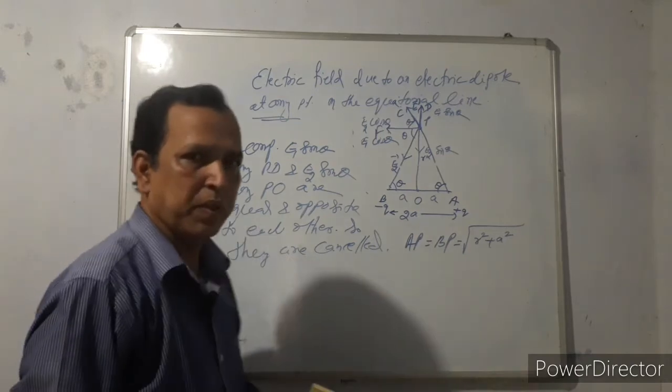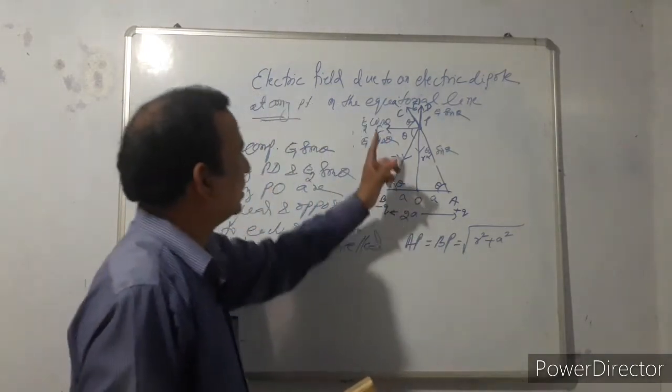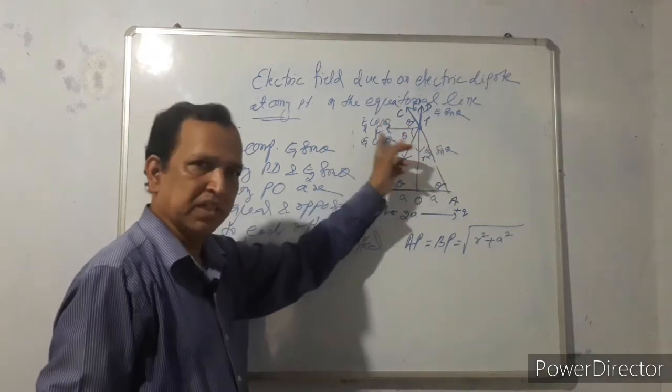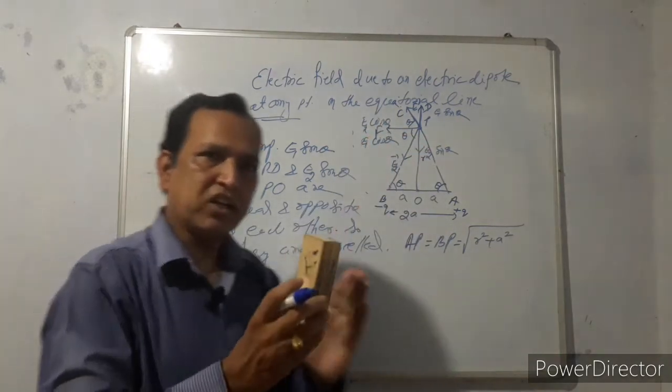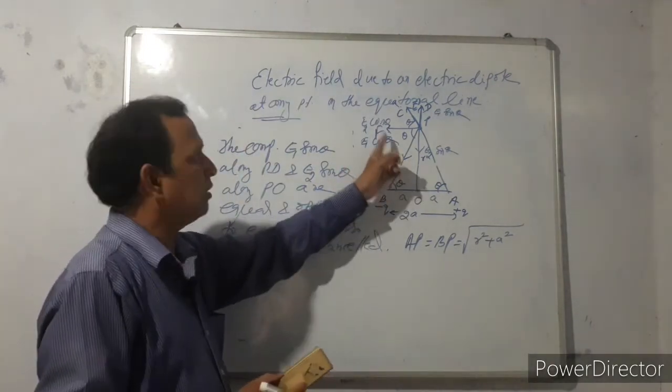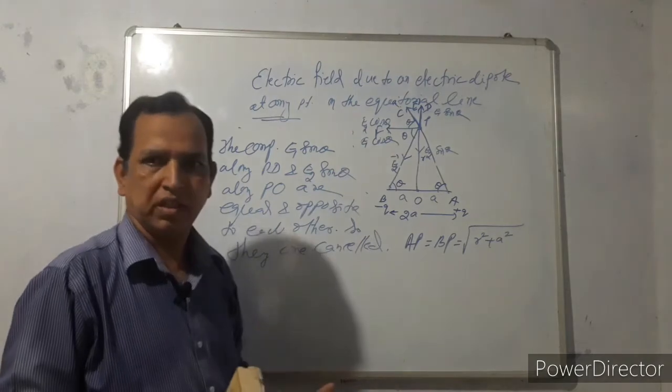The other components, E1 cos theta and E2 cos theta, are both in the same direction. So the net field strength is E1 cos theta plus E2 cos theta.